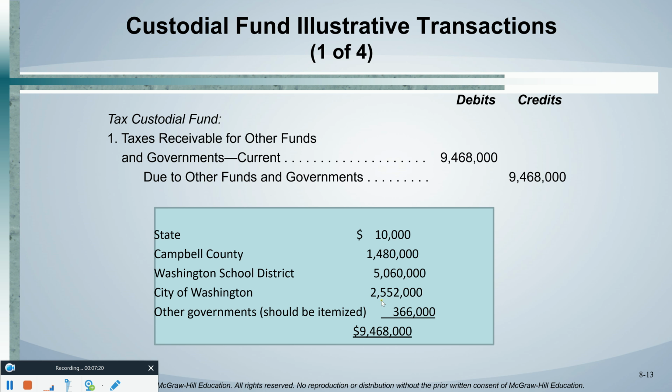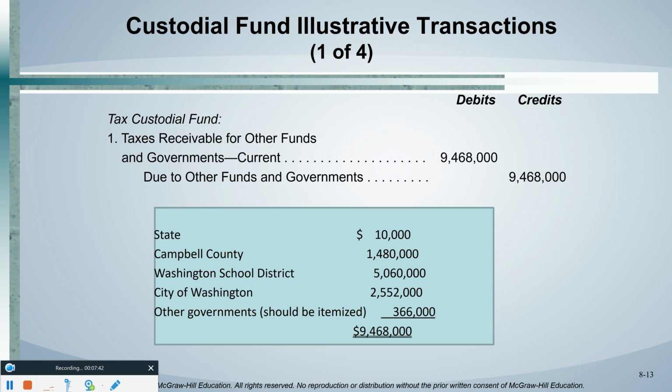$9,468,000, and in this blue box on the bottom of the slide, you can see the breakup of that $9,468,000. $10,000 to the state, $1,480,000 are county taxes, $5,060,000 are school district taxes, $2,552,000 are City of Washington taxes.